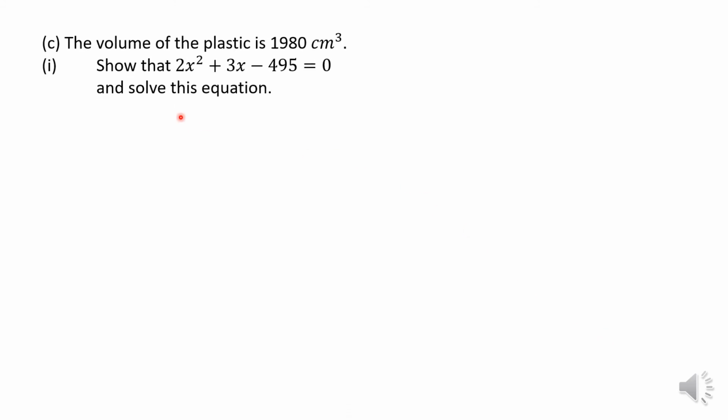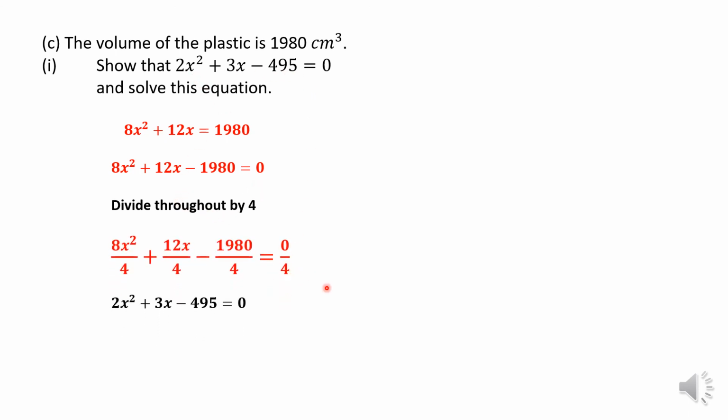Right, now they are saying the volume of the plastic is 1,980 cubic centimeters. You're supposed to show that 2x squared plus 3x minus 495 is equal to 0, and once you show that, you must solve this particular equation. So you're going to equate our answer from our previous part to 1,980, and then write it equal to 0. In order to get into that form, you will have to divide throughout by 4.